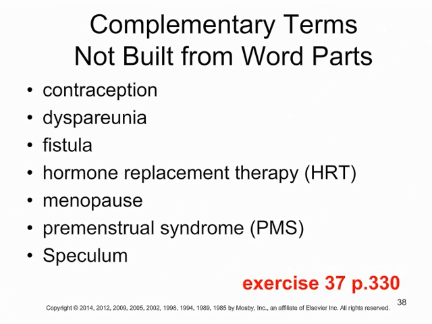And lastly, a speculum. A speculum is an instrument that opens a certain cavity to allow for inspection. So we talked about a vaginal speculum previously that's inserted into the vagina to open it up to get the pap smear, for example. You can see a picture on page 329.